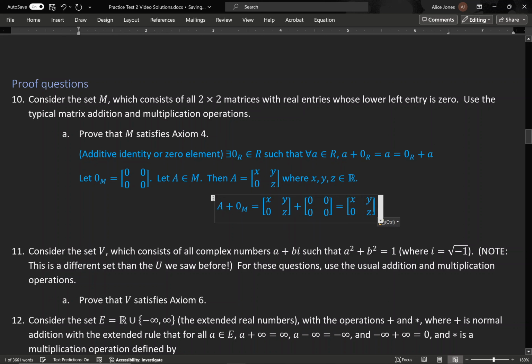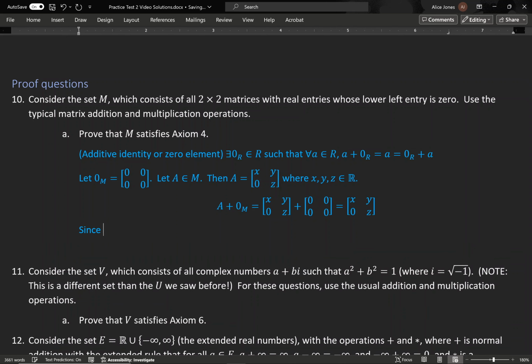And I could even just use the fact that matrix addition is commutative at this point. I don't really need to do the other side because matrix addition is commutative. Actually, all ring addition is commutative, but at this point we're still proving axioms, so we haven't necessarily proved that it is.